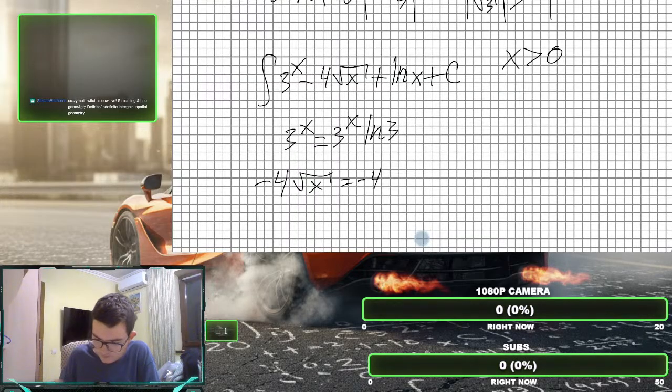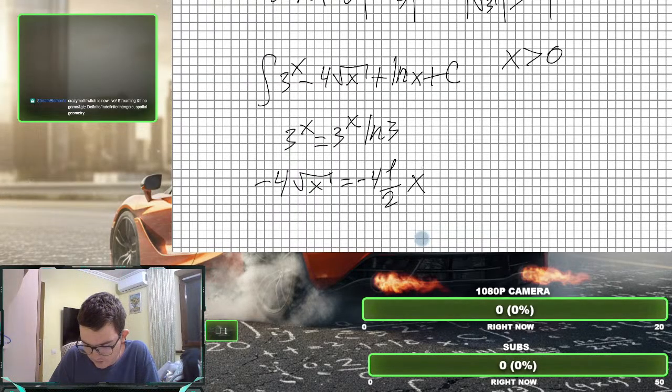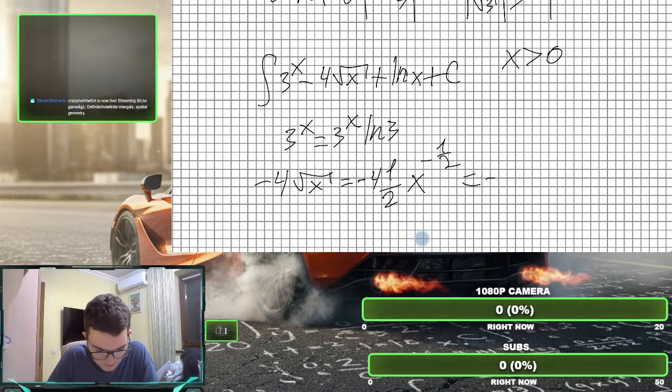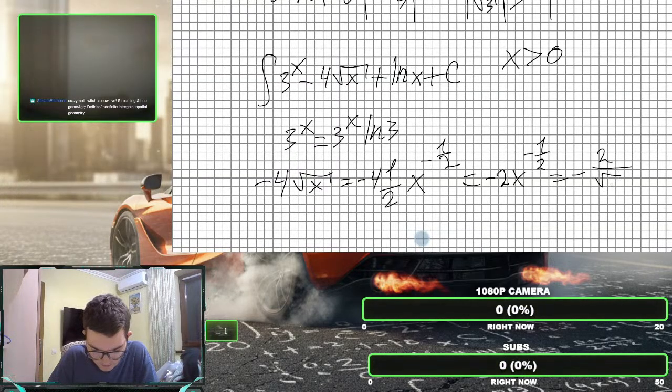So this means that I put 1 divided by 2, and once again I put an x, and here in the formula it is written that the x is below and in square root, so x to the power of minus 1 divided by 2, and then equal once again, and I've got minus 2x, and here minus 1 to the power of minus 1 divided by 2, and this equals minus 2 divided by square root of x.